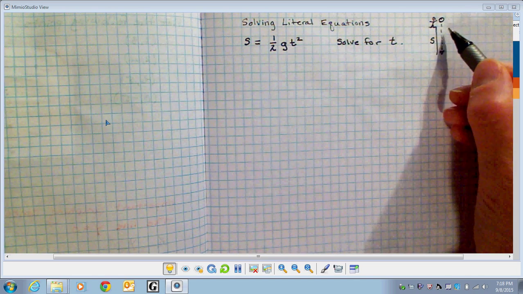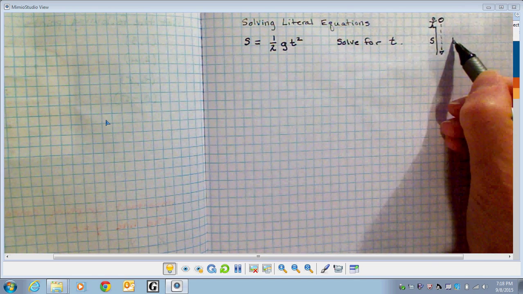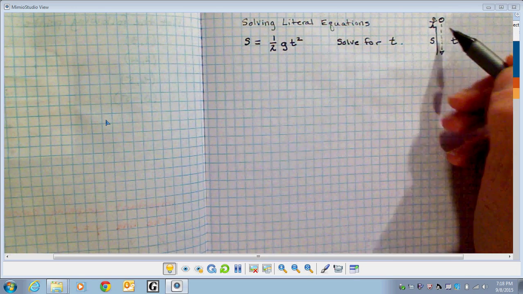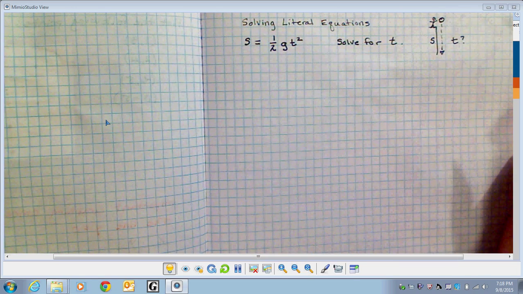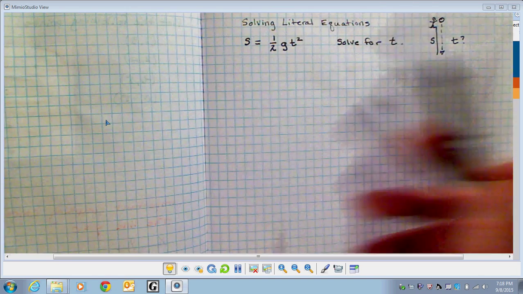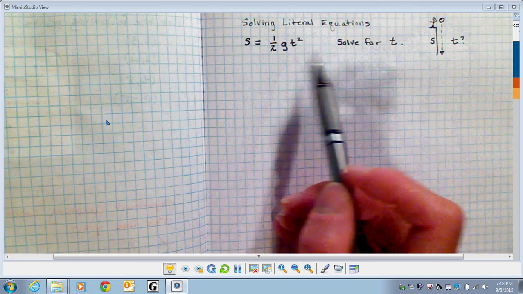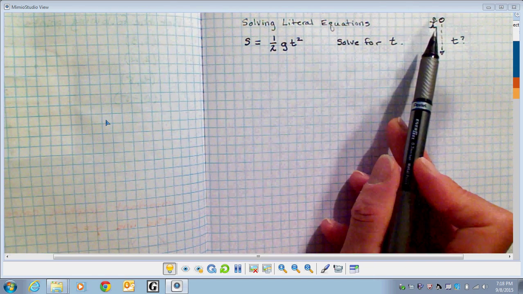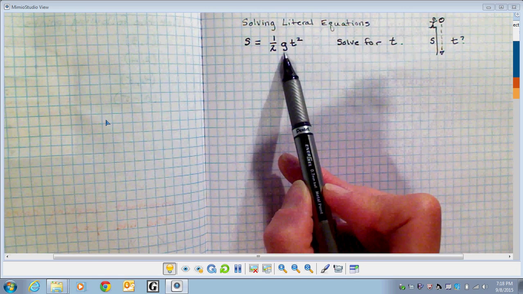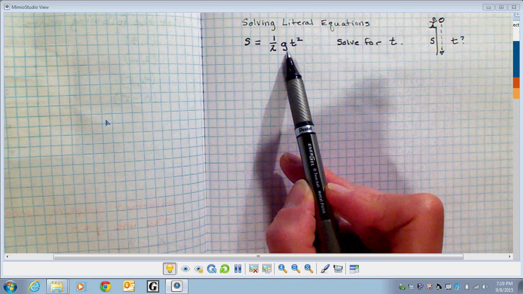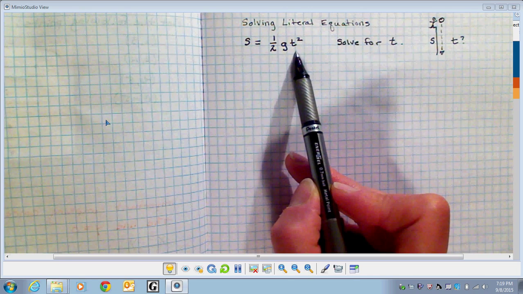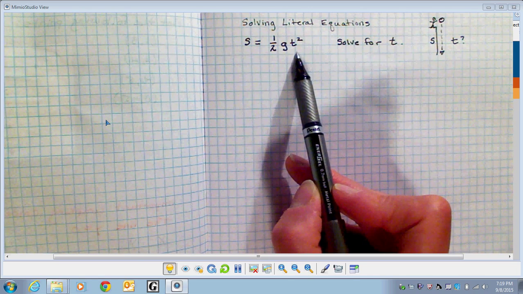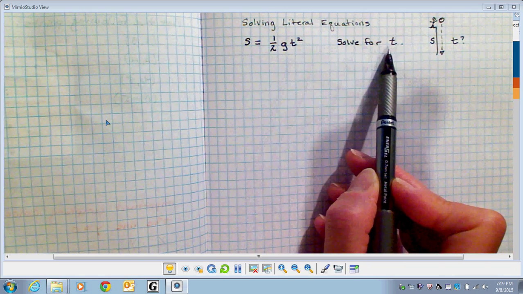And I want to find out how long will it take for that ball to hit the ground. Then I would use this particular equation, because I know how tall the building is, and I know the gravitational constant. So I just want to figure out how much time it takes. So I want to solve for t.